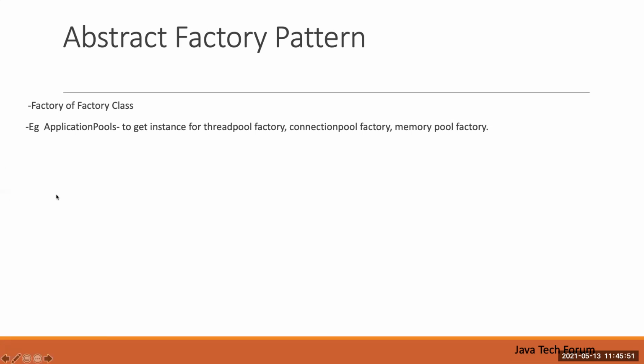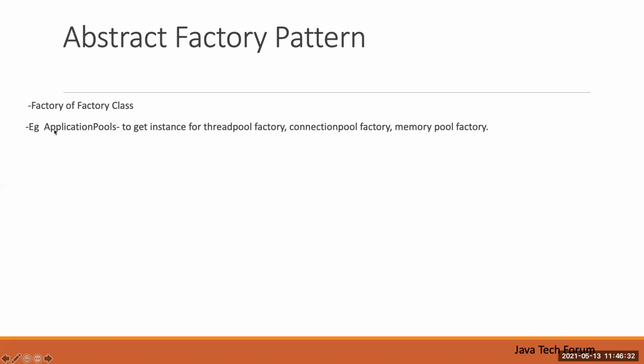I can create one more common factory, the application pool, which gives instances of other factory classes: in my previous example the Executors instance, and the connection pool or memory pool. These three are factory classes actually, so I'm getting a wrapper of all the factory classes. That is called abstract factory.